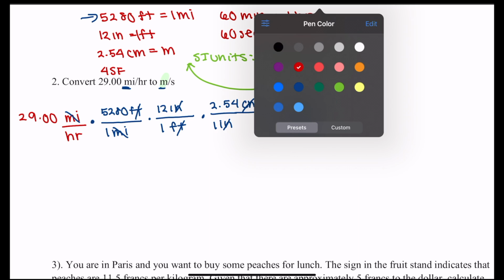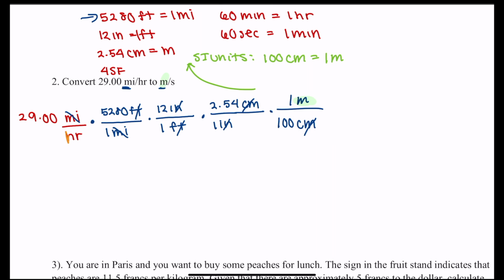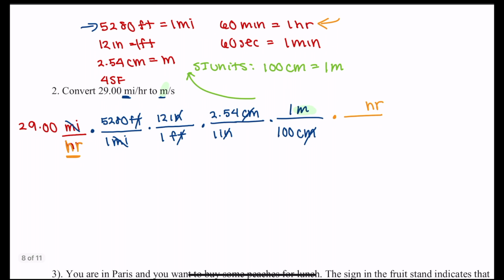So I'm going to use orange. So HR. So do you see how the hour is on the bottom right here? So to cancel out the hour, I'm going to put the hour, whatever unit conversion comes first, hour on top. And the first unit conversion is 60 minutes to an hour. So I know 1 hour equals 60 minutes.